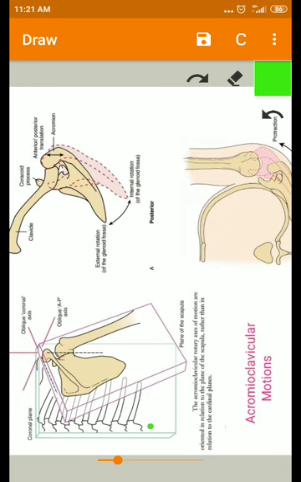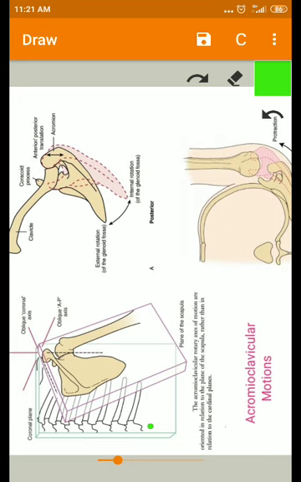So what is the use of this facing of the glenoid fossa? What does it cause? Now we have seen these scapular motions during protraction and retraction, and we also related this with the clavicular protraction and retraction.